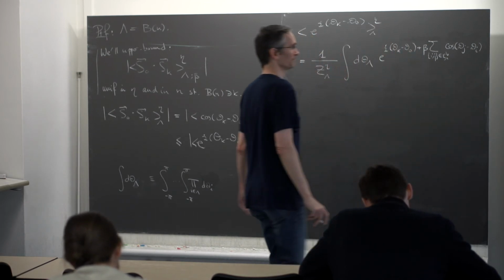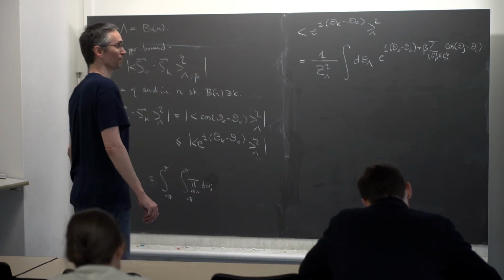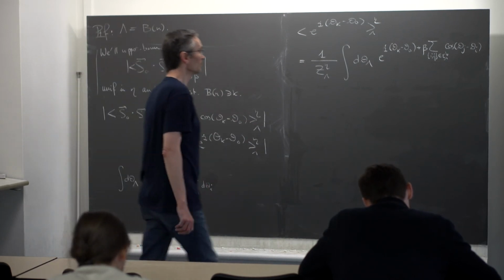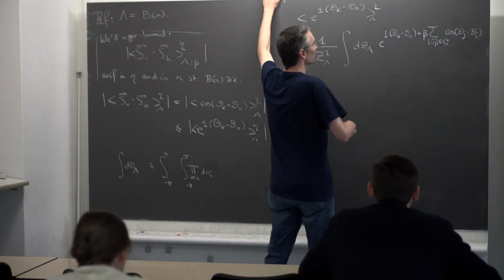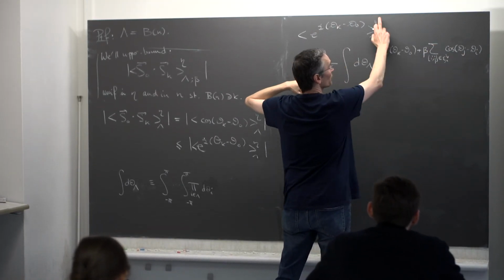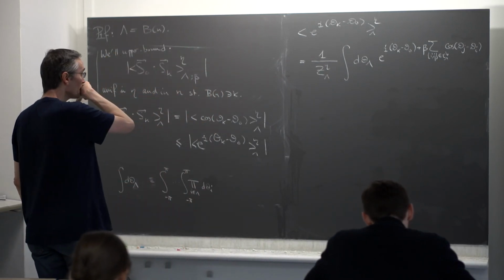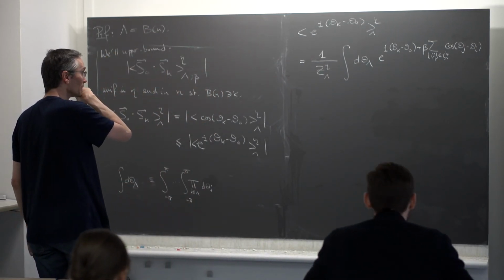That's just by definition of what this expectation means. And I'm using the proper boundary condition: when you evaluate theta j outside the box, you take the angle corresponding to the boundary condition eta.